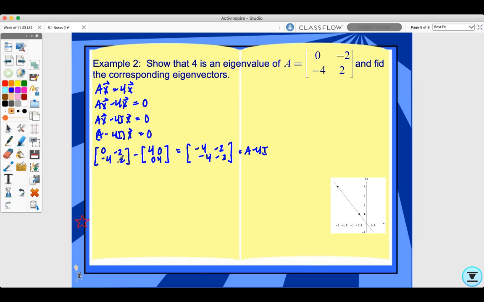So in order to do that, we need to solve A minus 4I times x equals 0 using an augmented matrix. So we need to solve negative 4, negative 4, negative 2, negative 2, and we're going to use an augmented matrix to do that.